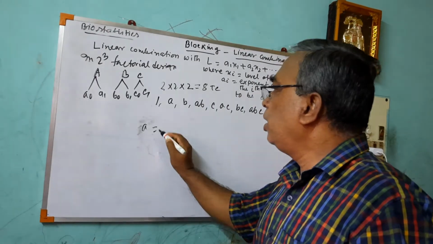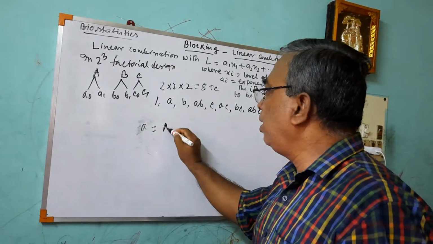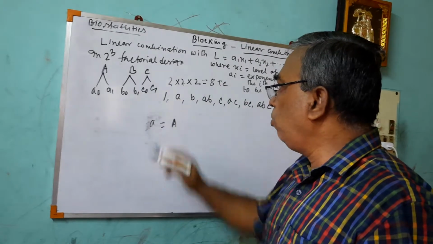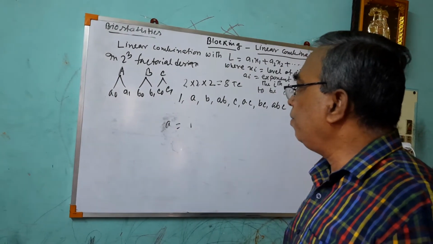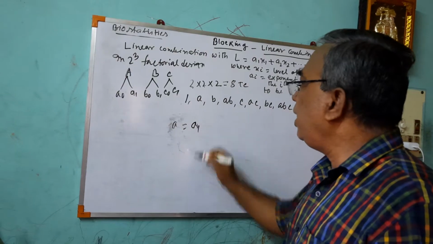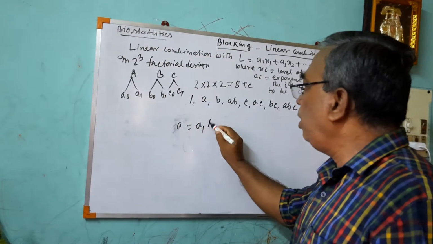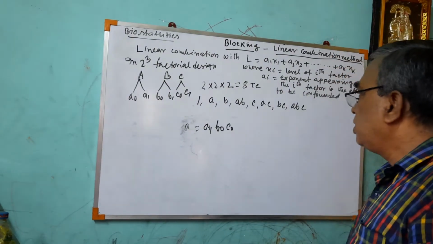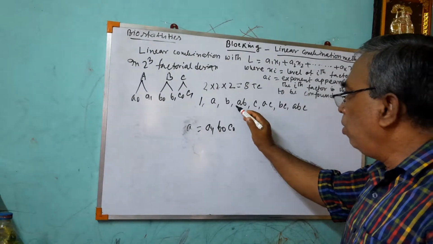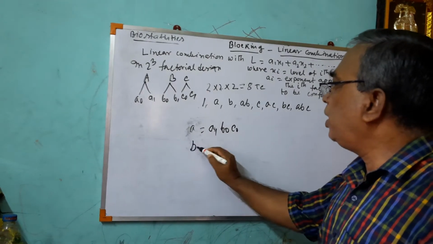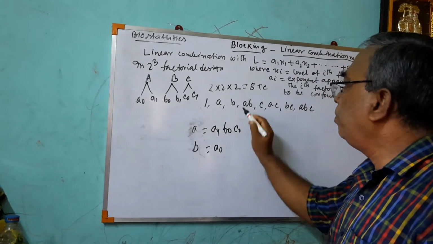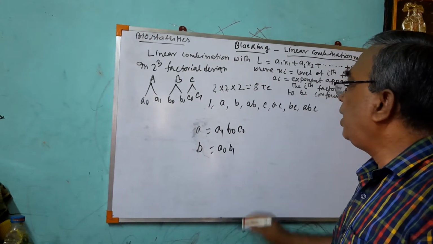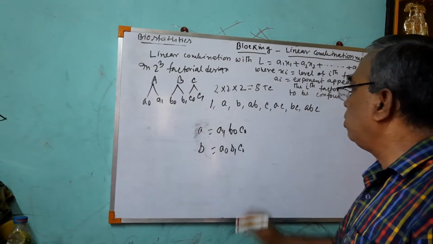A at higher level, B at lower level, and C at lower level, C0. Similarly, B means A at lower level, B at higher level, B1, and C at lower level, C0.